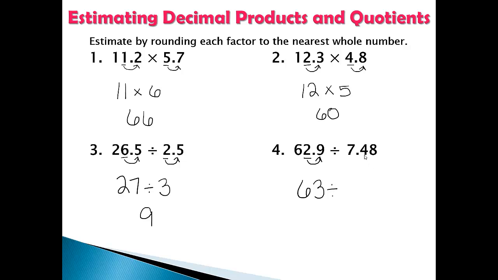And for 7 48/100, we are rounding the 7. The 4 in the tenths place tells us that we're going to round this down, so it will just stay 7. 4 tells us we round down because it's less than 5. And 63 divided by 7 is 9.